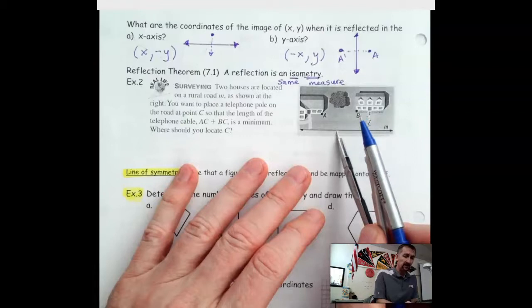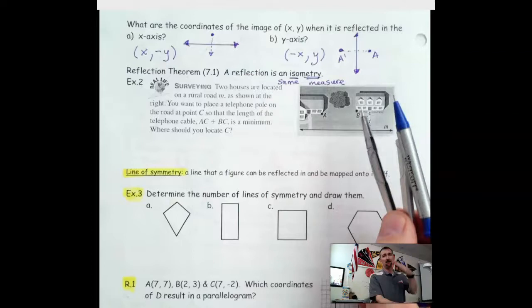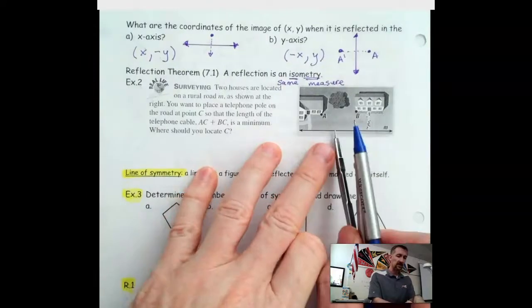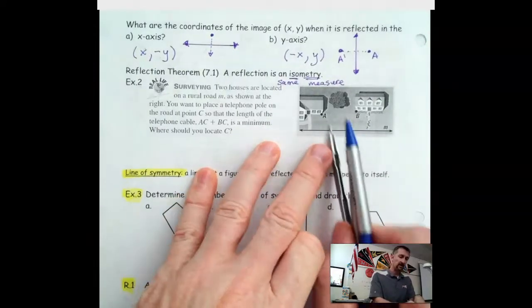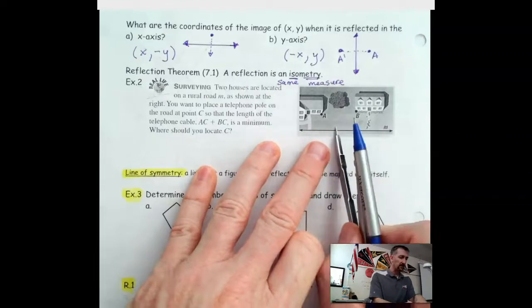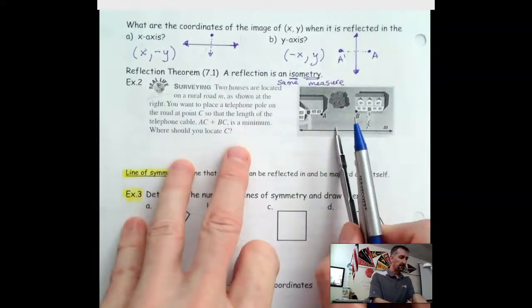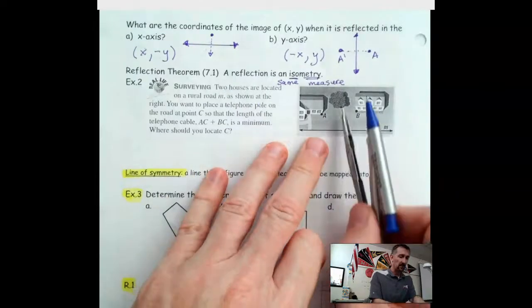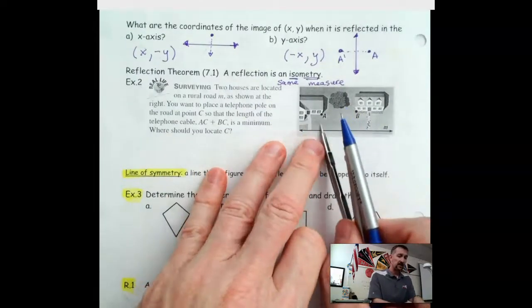It's going to save you money. If you're laying millions of miles of cable across the country to people's houses, you want to try to cut down on the amount that you have to use. So if you have the main line up here and you're going to run it to both of their houses, well, this would be on a telephone pole. Optic is probably underground, but anyway, what we can do is a reflection.